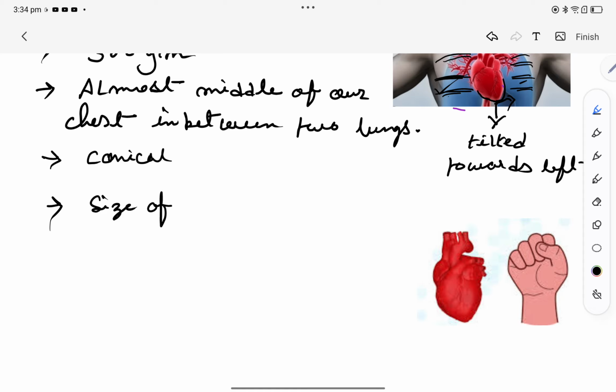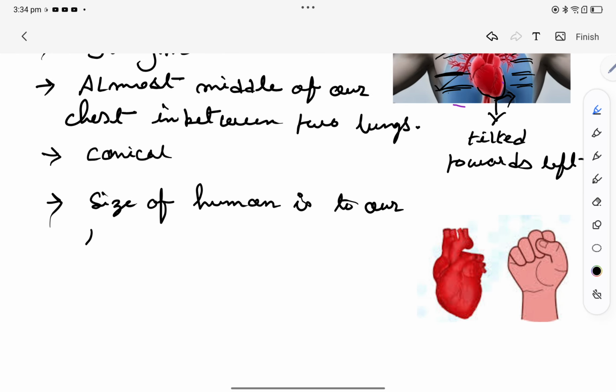The size of the human heart is almost the same as our fist. If you close your fist like this, the heart in your chest is almost similar to that.